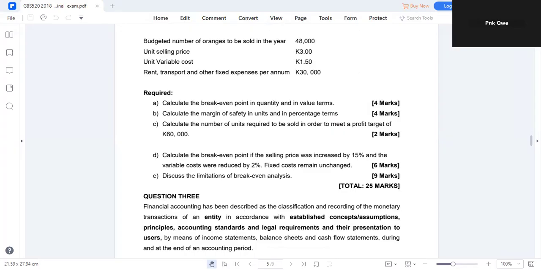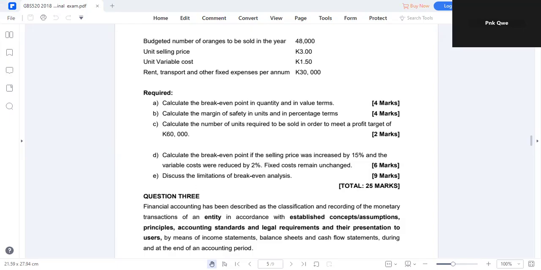The break-even point with the assumption that our selling price increased by 15% and variable costs reduced by 2% and the fixed costs remain the same. So we need to calculate our new break-even point.